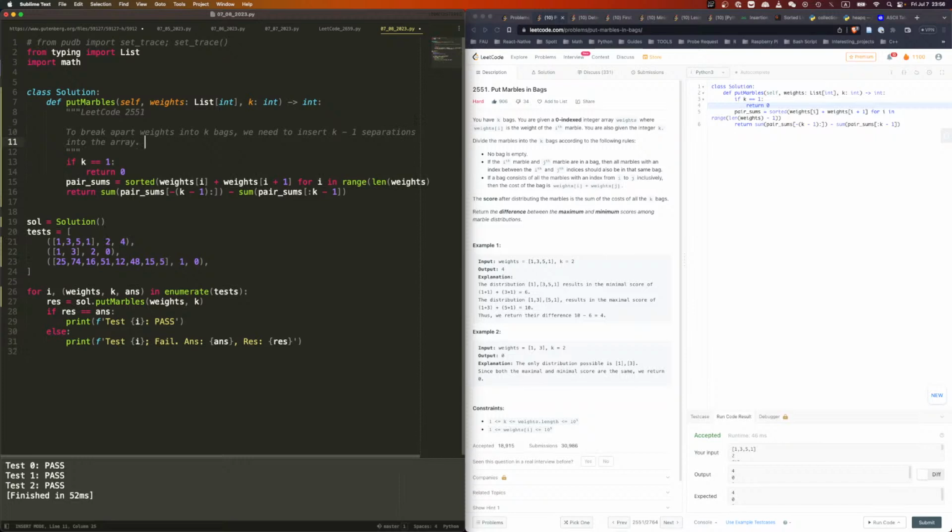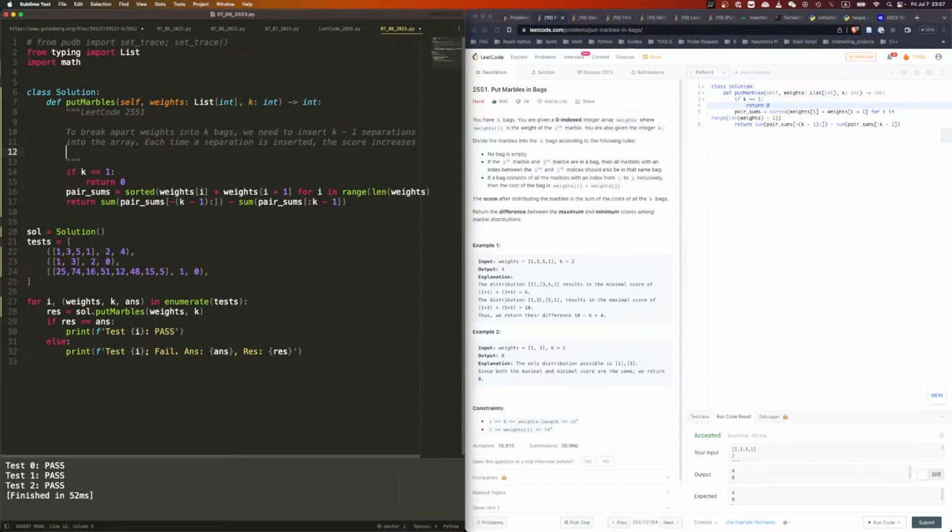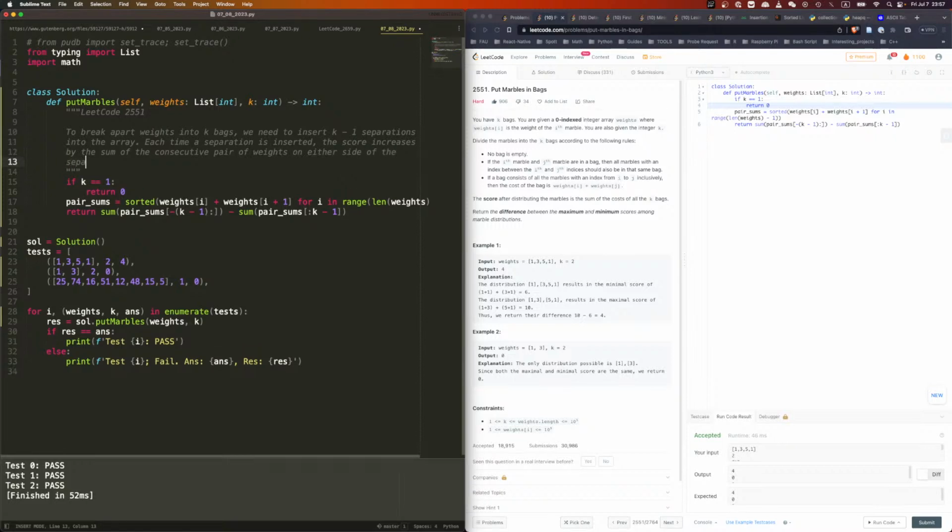Each time a separation is inserted, the score increases by the sum of the consecutive pair of weights on either side of the separation.